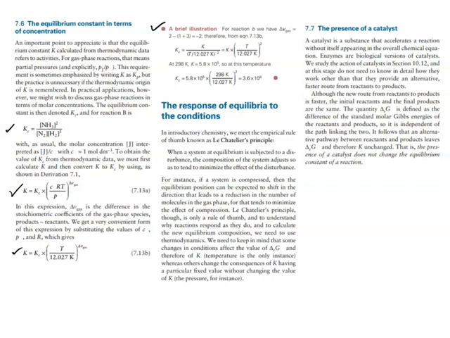For example, if a system is compressed, then the equilibrium position can be expected to shift in a direction that leads to the reduction of the number of molecules in the gas phase, for that tends to minimize the effect of the compression. Le Chatelier's principle, though, is only a rule of thumb, and to understand why reactions respond as they do, and to calculate the new equilibrium composition, we need to use thermodynamics.